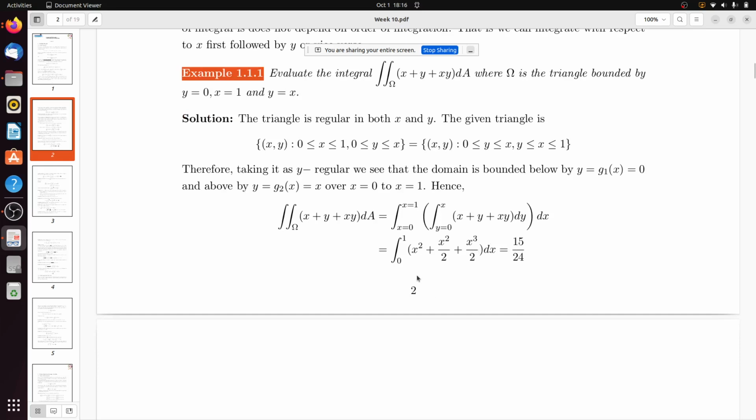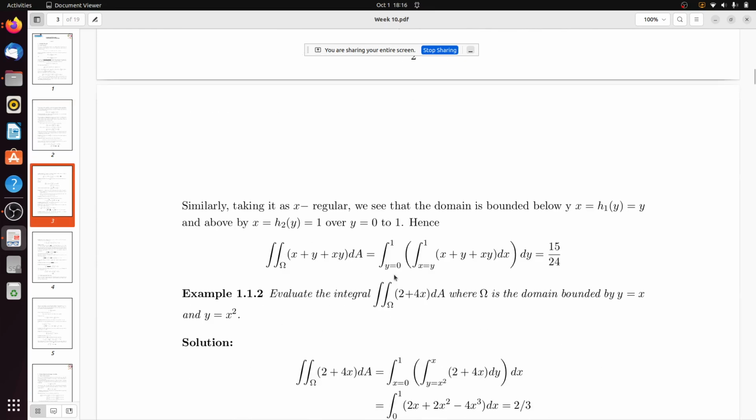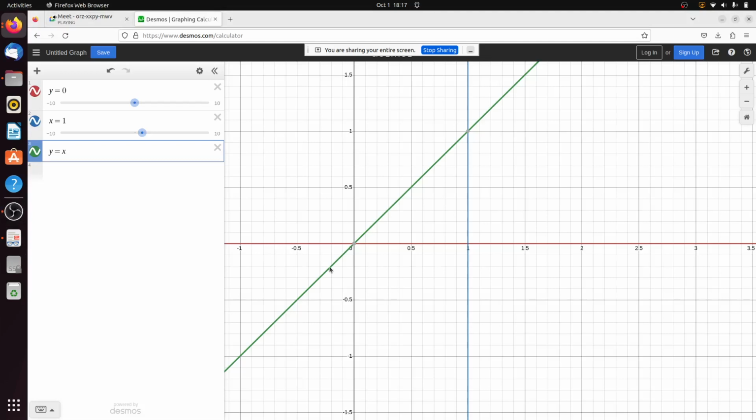So that is something you can at least try, how to solve this type of integration. Similarly, you can use another integration form, that I was telling you: instead of first integrating with respect to y, you can integrate with respect to x. x will vary from the y equal to x line, so x equals y to x equals 1, and y equals 0 to 1.